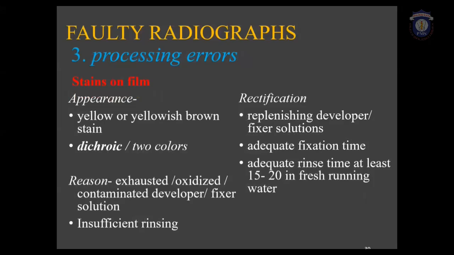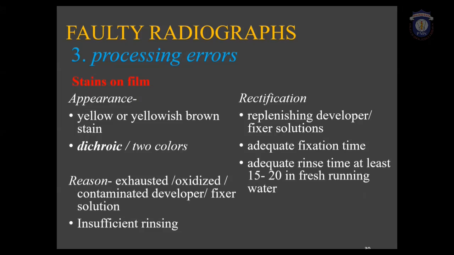Next is stains on the film. Stains can appear as yellowish brown or brownish stains on the film. This occurs when the developer or the fixing solution is exhausted, oxidized or contaminated. It can also occur due to insufficient rinsing.